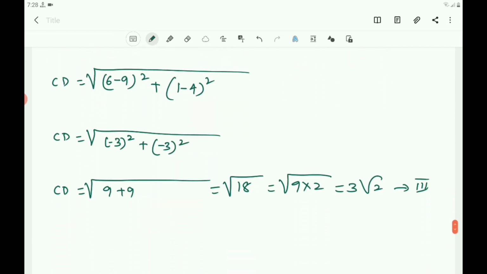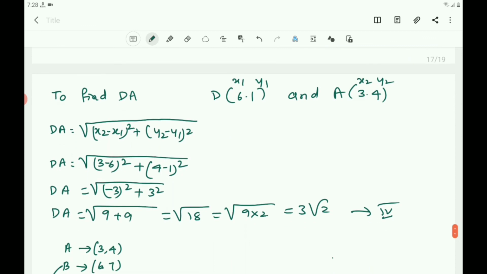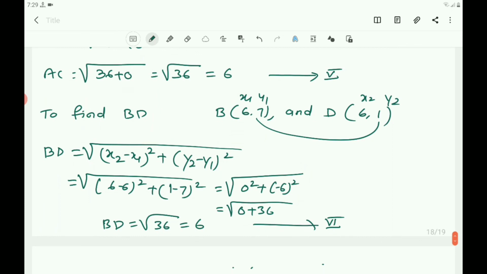The third is also 3 root 2, CD. And the fourth is also 3 root 2, that is DA. So AB equals BC equals CD equals DA. And from the fifth and sixth, the diagonals AC and BD are equal. As all four sides are equal and diagonals are equal, you can conclude that ABCD is a square.